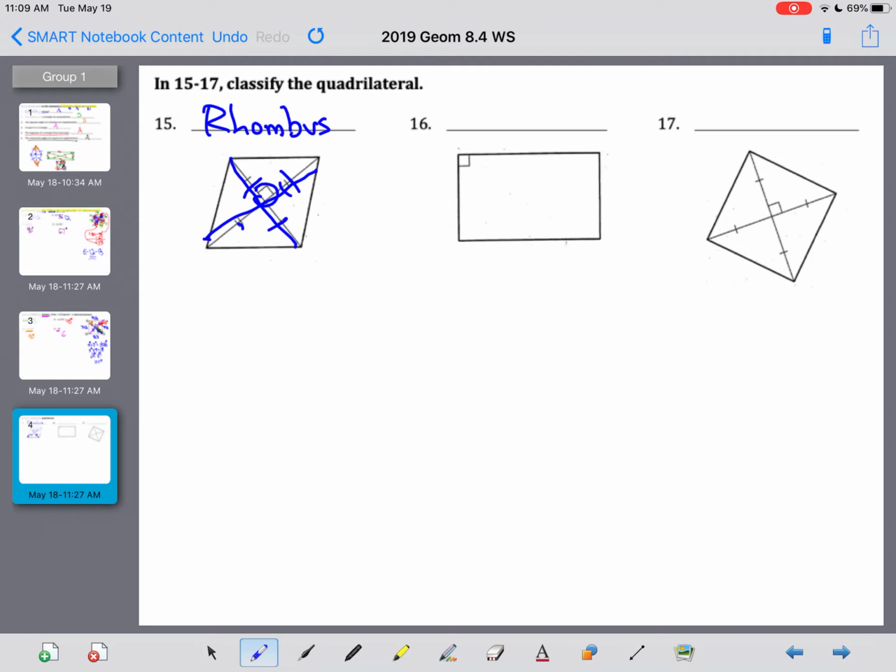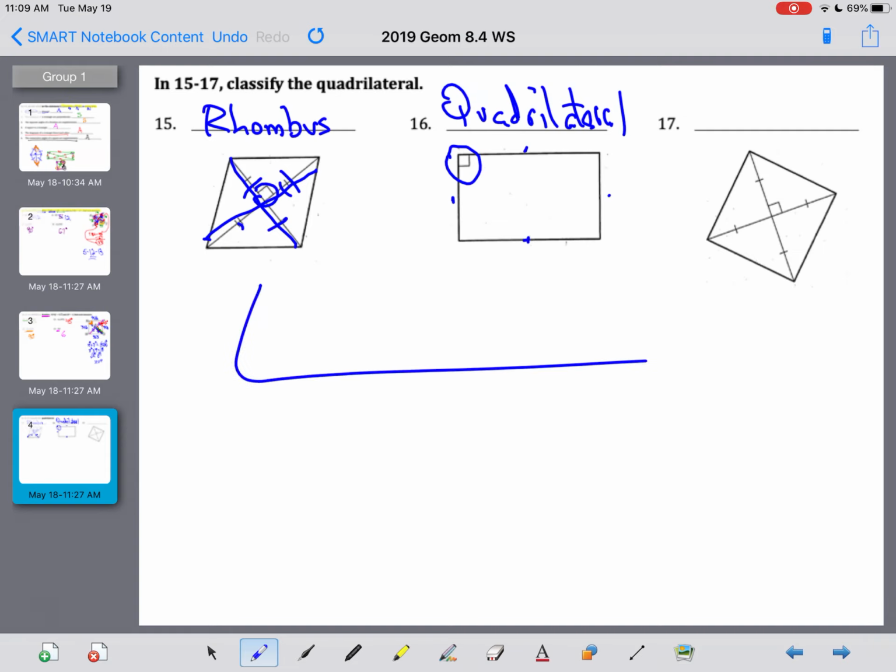Over here looks like a rectangle. It's marked with one right angle. I don't know if these are parallel. I don't know if these are parallel. So not much more I can say is that it's a quadrilateral.